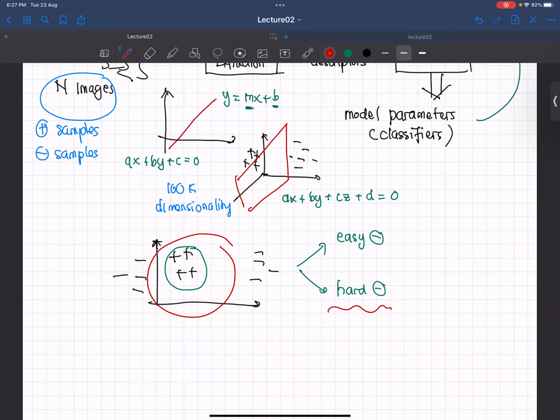Now, what is hard negative? What is a hard negative sample? Can you give an example? Yes, negative points close to the positive samples. But in the face recognition case, what is the negative sample? What is the hard negative face? A monkey face?